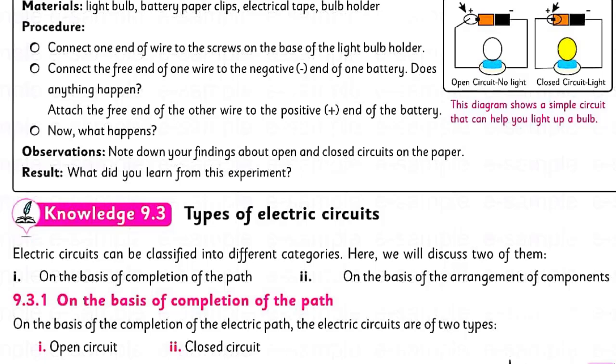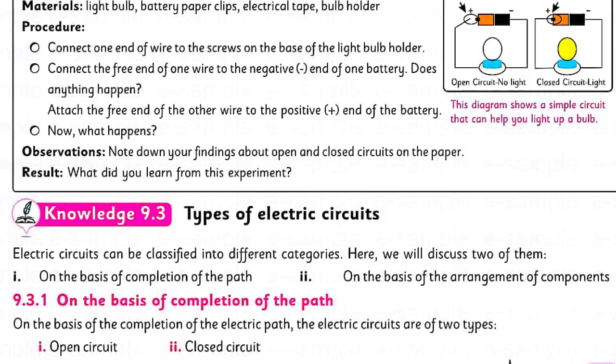Knowledge 9.3 Types of electric circuits. Electric circuits can be classified into different categories. Here, we will discuss two of them. 1. On the basis of completion of the path. 2.